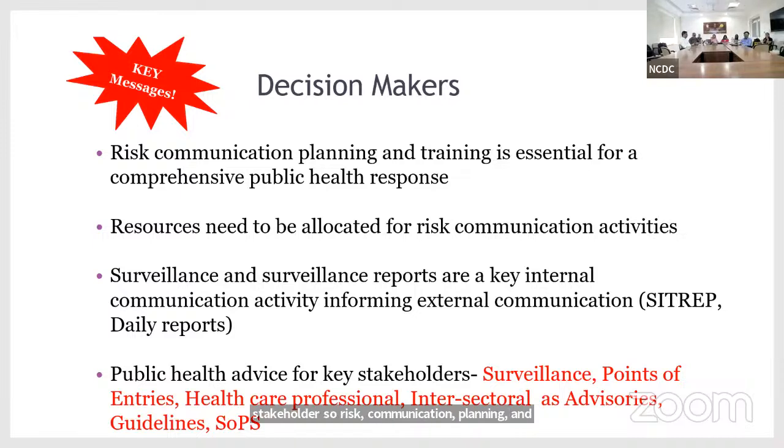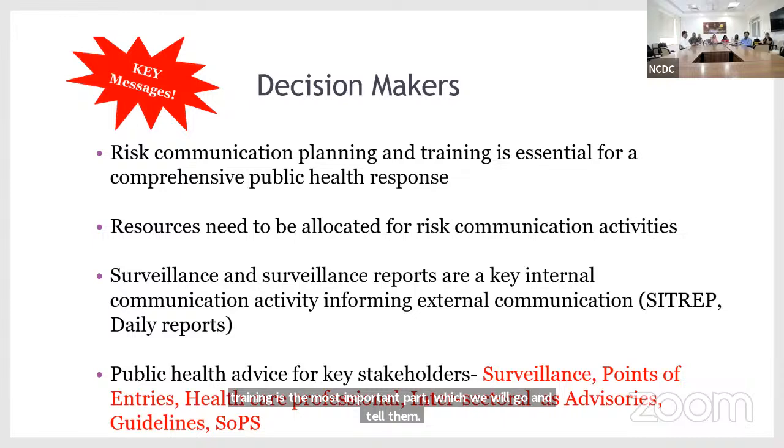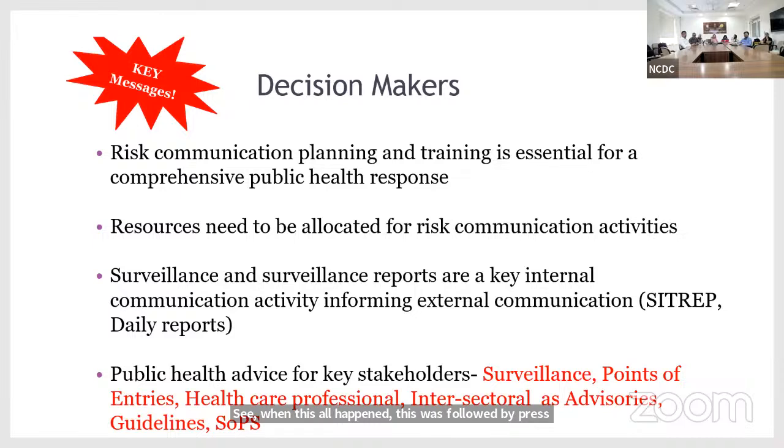When this all happened, it was followed by a press release. The press release built so much trust among the general public and others that the government is looking at the ongoing situation. And surveillance reports form a key internal communication activity which will inform our external communications.